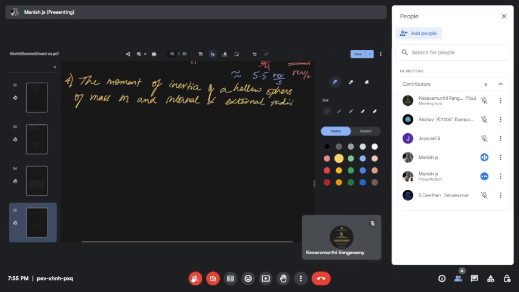Here we use the term radii. Radii is basically the plural of radius, so please don't get confused.